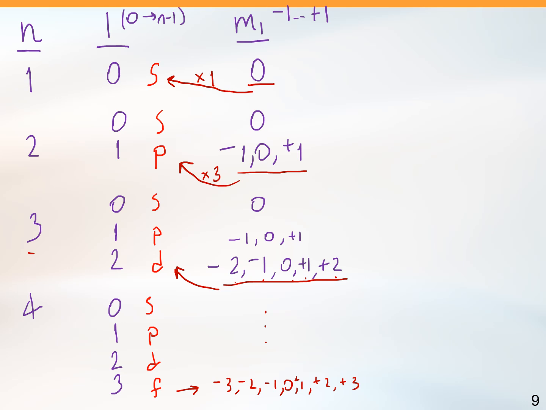How many values do you count here? 7. That means there are 7 f orbitals in the fourth shell.